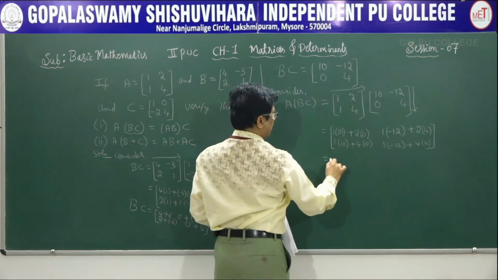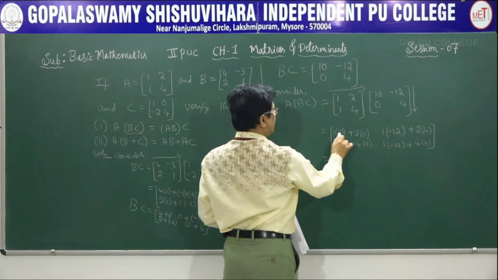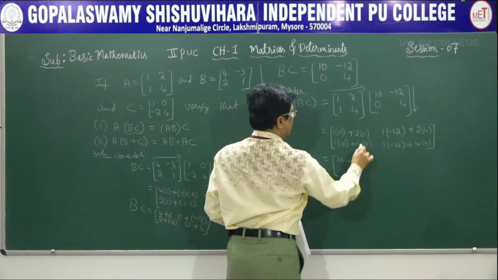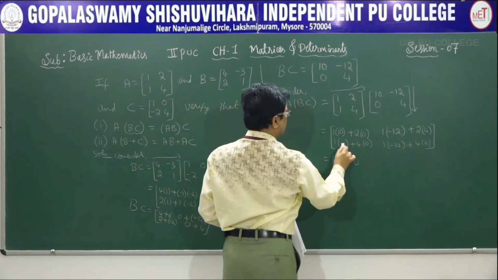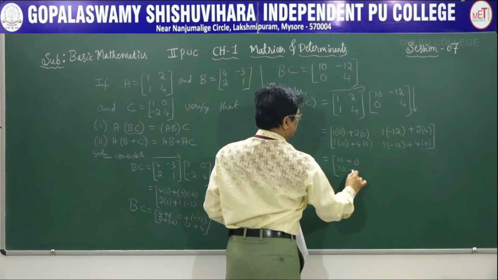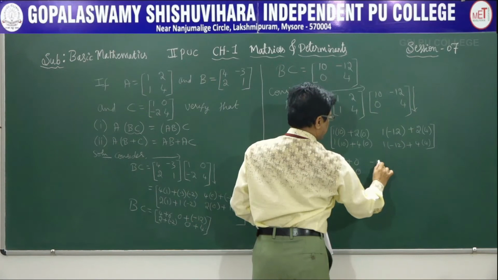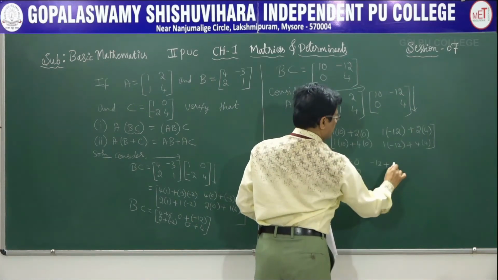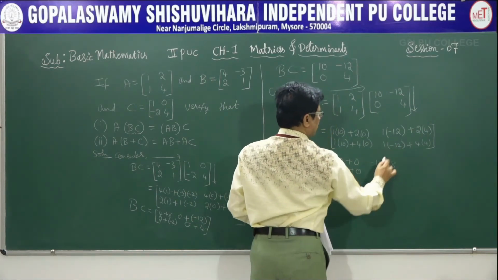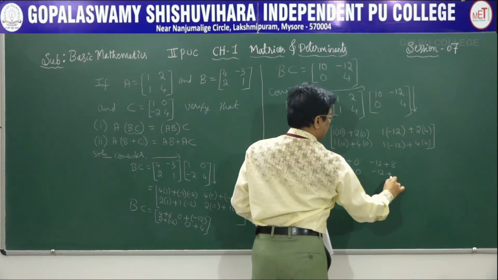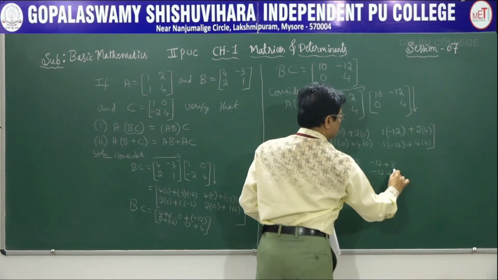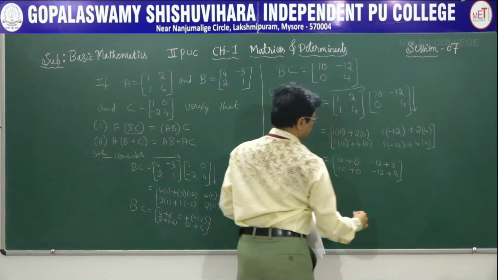So that will be equal to 1 into 10, 10 plus 2 into 0, 0. 1 into 10, 10 plus 4 into 0, 0. 1 into minus 12 plus 2 into 4, 8. 1 into minus 12 plus 4 into 4, 16.